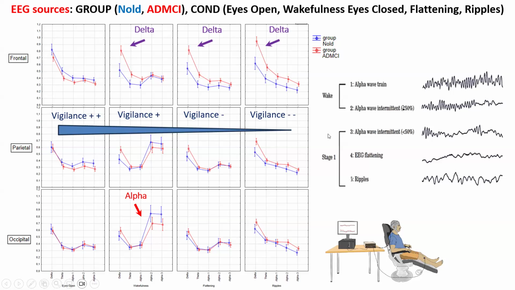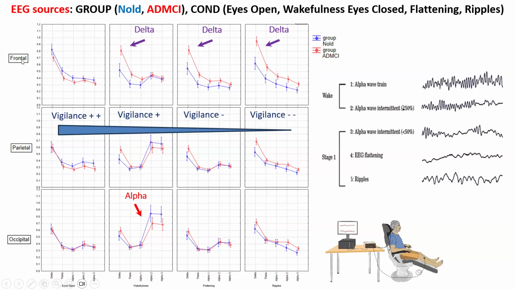And so we divided our long EEG recording into these periods, and put attention, in blue, on frontal source regions, parietal source regions, and occipital source regions. And you see that in the resting state condition, the first column is the eyes open condition, which means the desynchronization of alpha rhythms.